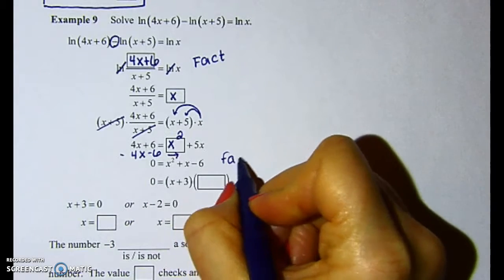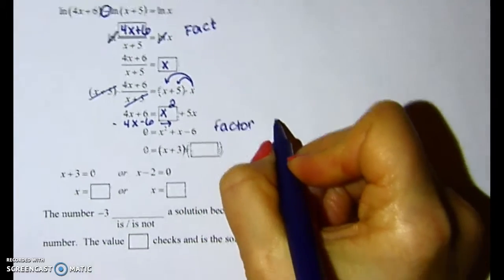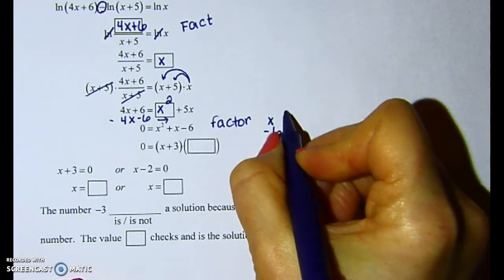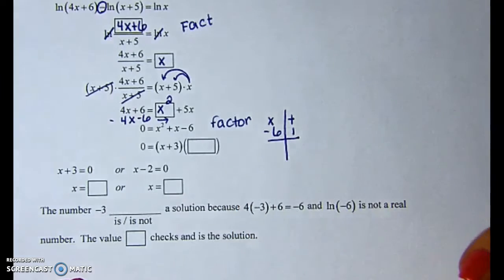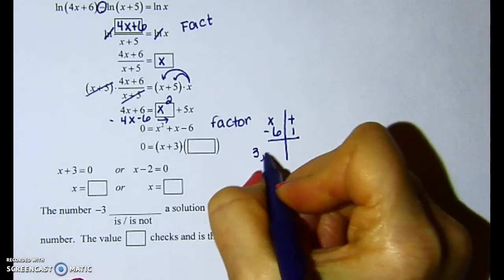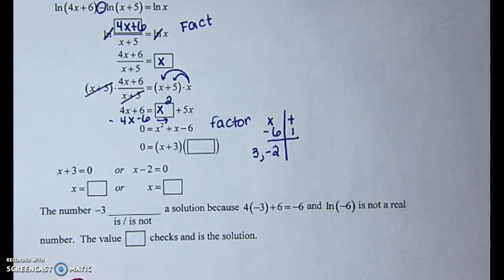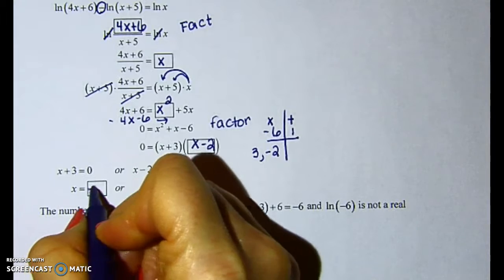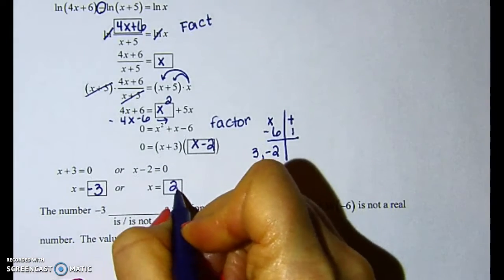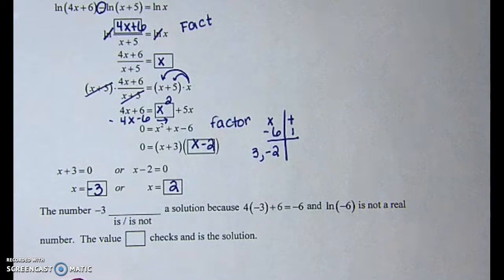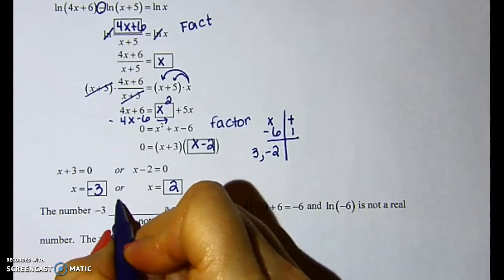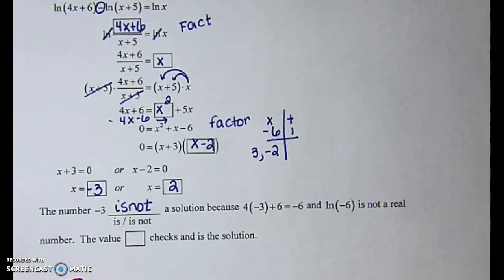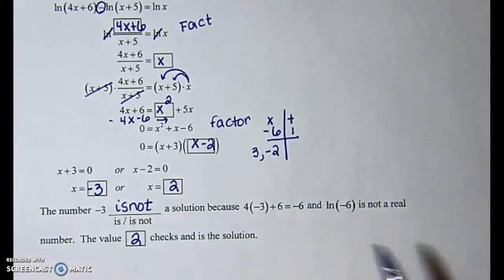Now we can factor by finding two numbers which multiply to negative 6, but at the same time add to 1. Let's see here, 3 and negative 2. So I have (x plus 3)(x minus 2). Solving each one would give me negative 3 and positive 2. Well, we know that negative 3 cannot be a solution because it's not in the domain. And if we were to double check, 2 would be the value that would work.